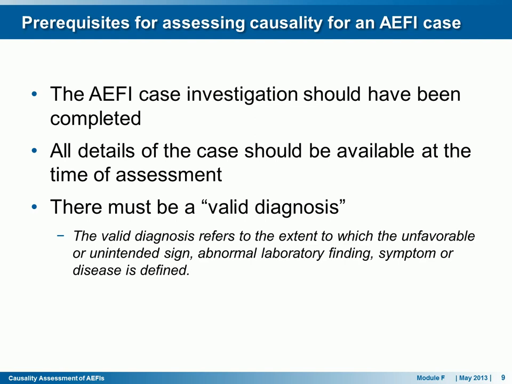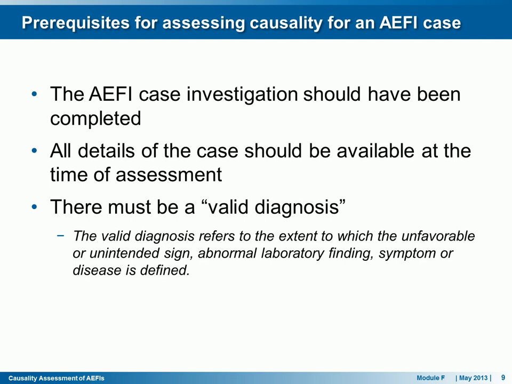It is not possible for us to do a causality assessment if you say a particular vaccine produced death. It is not possible to evaluate it because a vaccine just cannot produce death. There must be a reason why the child or that patient died.